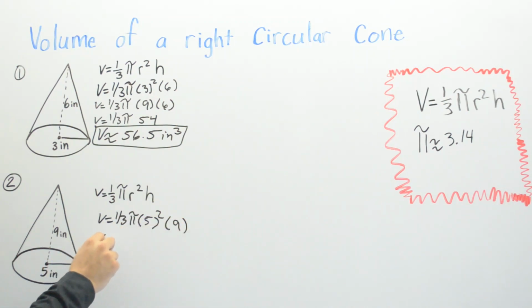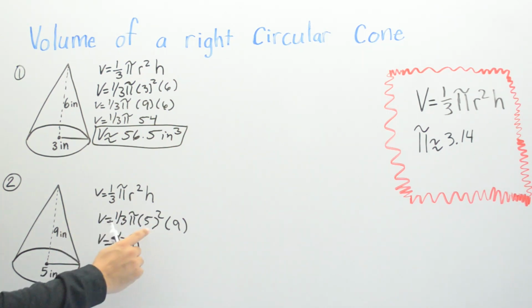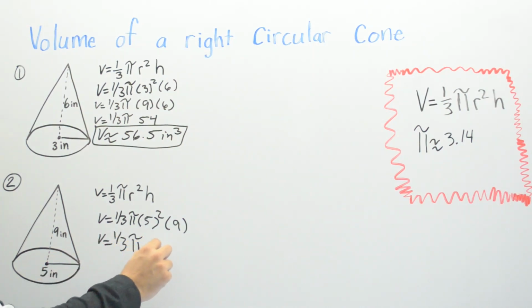Then I have V equals, this is where I'm just going to skip the steps, because I know right away 5 times 5 is 25, and then I'm just going to multiply 25 times 9, which is going to give me 225.